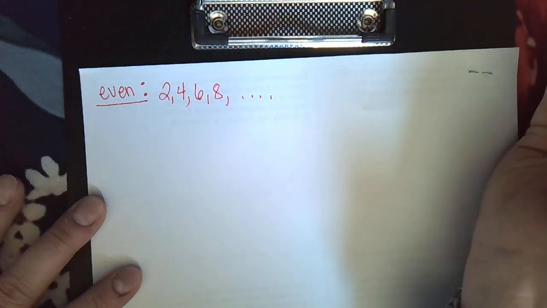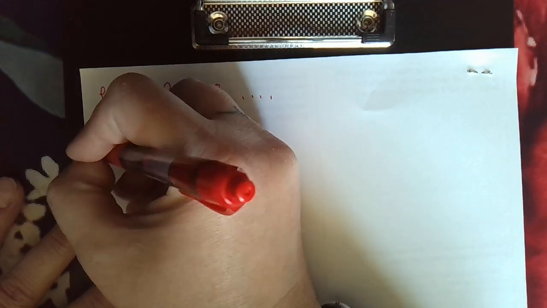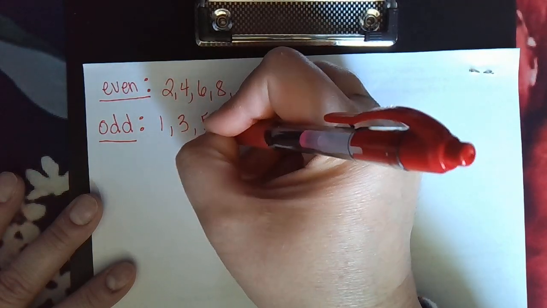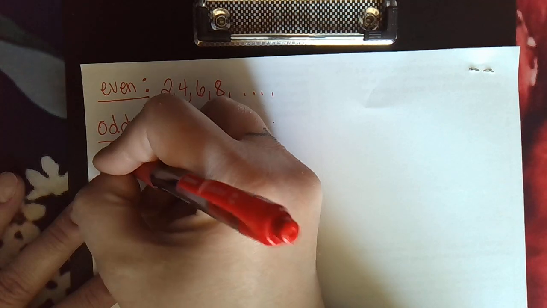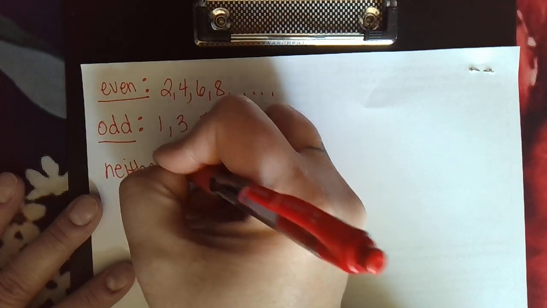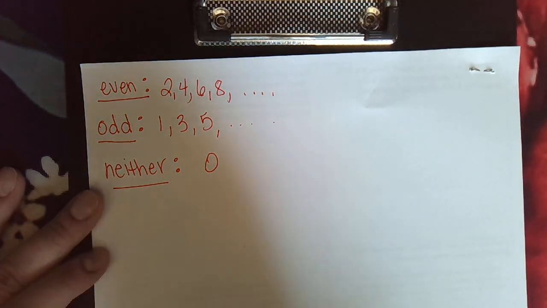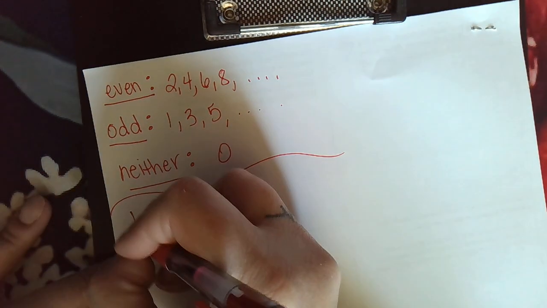Odd numbers are numbers that are not divisible by 2: 1, 3, 5. Neither is the number 0.